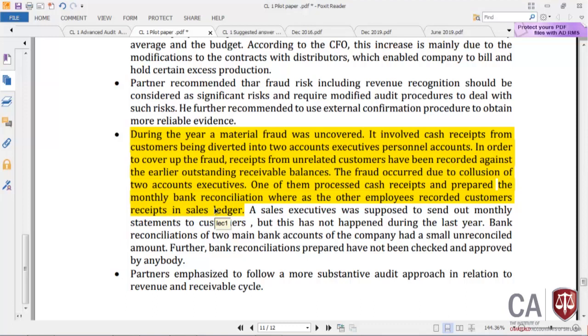So as far as my practice and knowledge is concerned, there is a deficiency in terms of the collusion because of the lack of rotation policies of the organization.